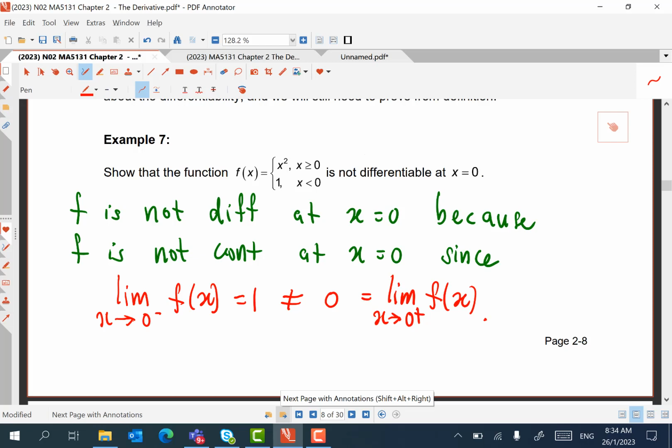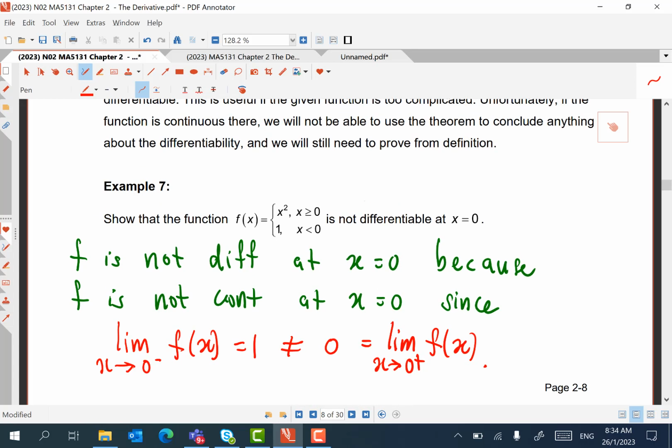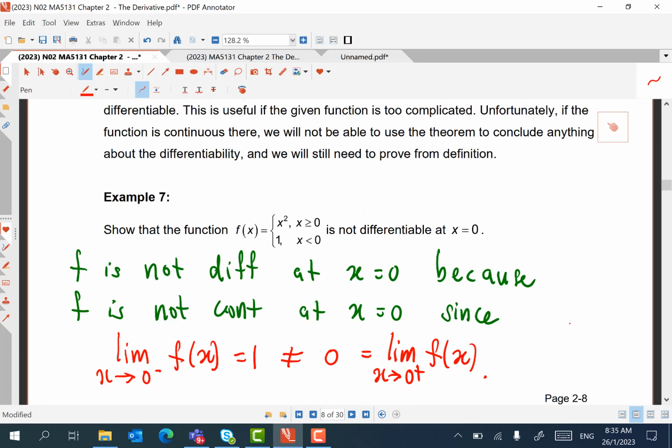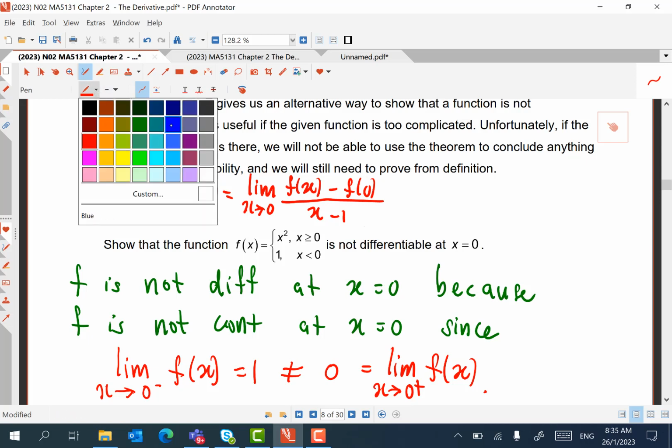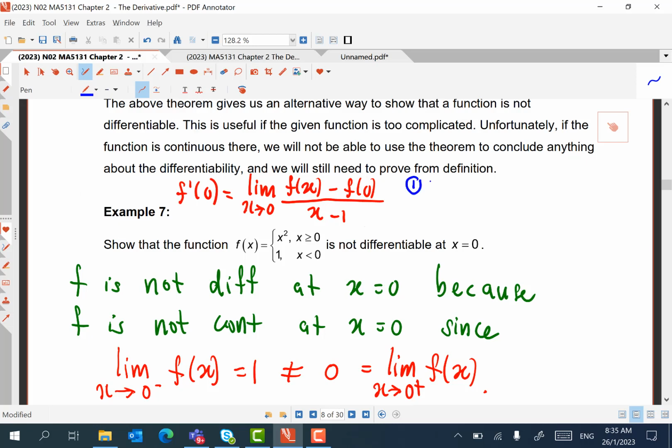Okay. Let me roll back to do this one. Aditi says she's not happy with this. She says she wants to start off with the definition of differentiation and prove from there. So Aditi says, Mr. Lim, let's start with this line. And this means, then from here, it is already split up into left and right again.